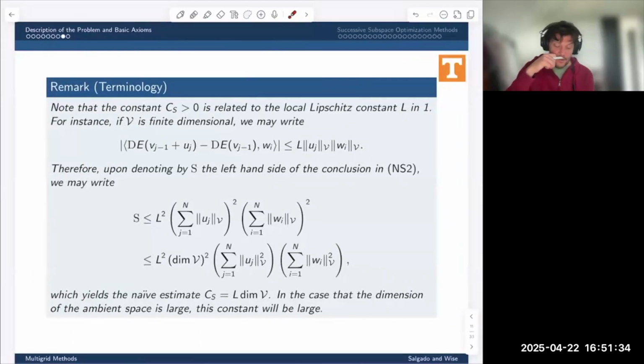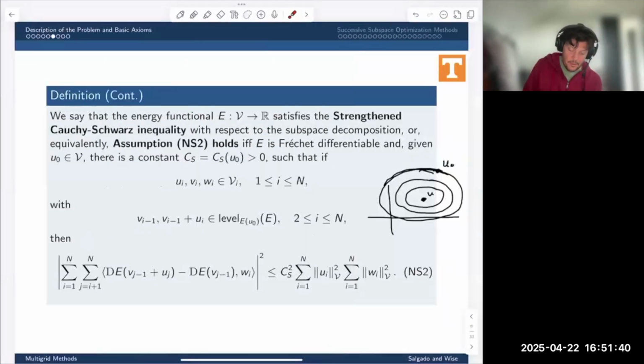All right, now when you look at that property describing what we mean by the strengthened Cauchy-Schwarz inequality, it has this in there. And this part here is somehow related to the local Lipschitz continuity.